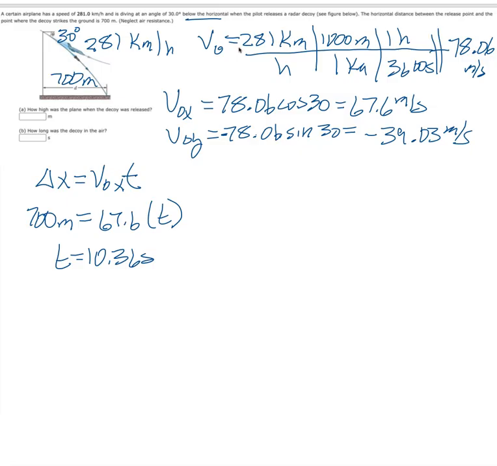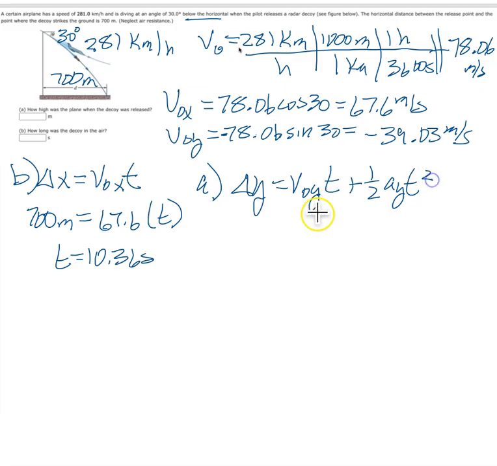Now that we have that, we can figure out how high the plane was when the decoy was released. So this is letter B. Now we're going to go back and do letter A. We know that the height of that projectile should be equal to the original speed in the y times time plus 1/2 of the acceleration in the y times time squared.